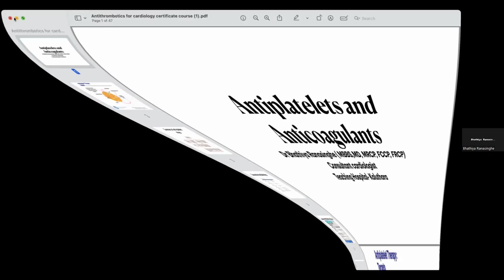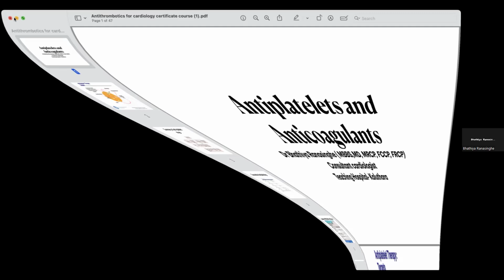So if you take the summary of antiplatelet drugs, there are several drugs under different categories. Basically, there are four basic categories. One is COX inhibitors, where the cyclooxygenase pathway is blocked, like aspirin.